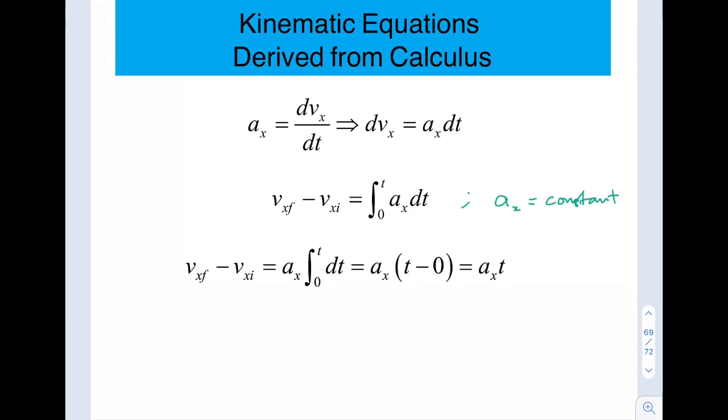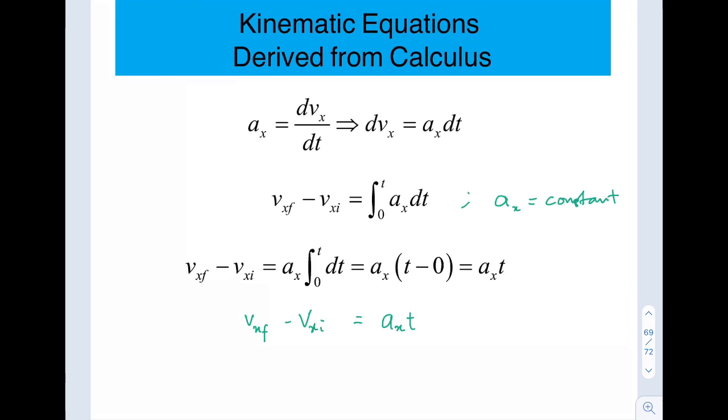So you are going to have ax times t minus 0, because the limits of the integral are 0 up to t. This is final, this is initial. So you are going to have axt, the common formula that we are used to, meaning that vx final minus vx initial is equivalent to axt.